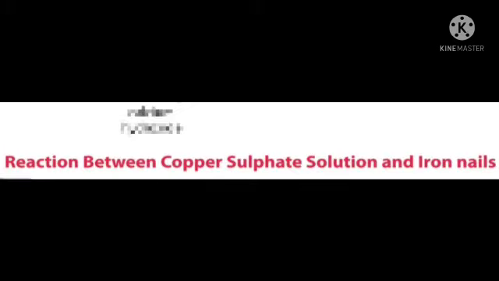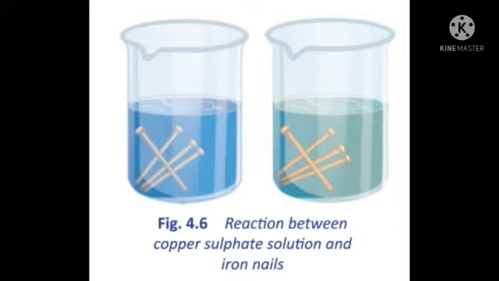Have you all understood? Next we are going to learn about the reaction between copper sulfate solution and iron nails. Copper sulfate is CuSO4. This solution is blue in color, and it turns a sea green color when iron nails are dropped into it, as shown in the picture.